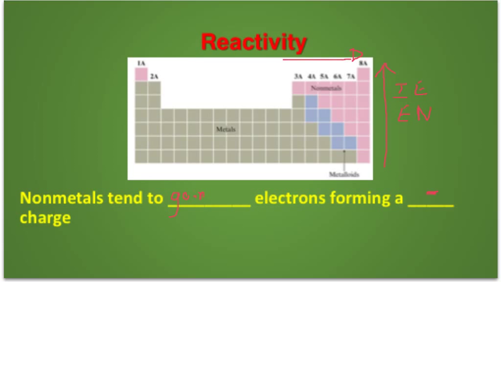It's harder to lose an electron and they have a stronger pull on the electrons. Ionization energy increases as you go in this direction from left to right for nonmetals, and electronegativity increases as you go up. So that's what you need to look at.